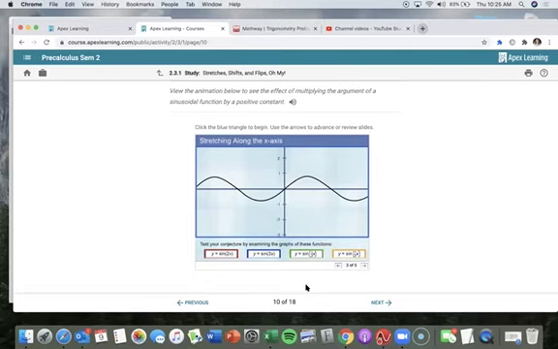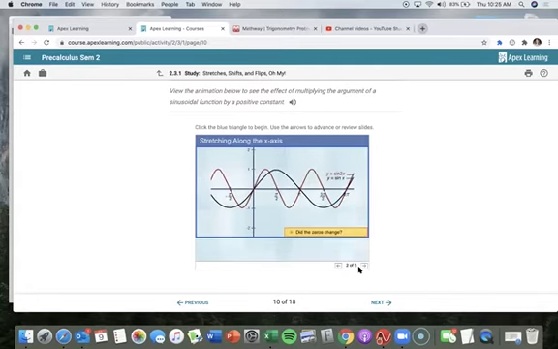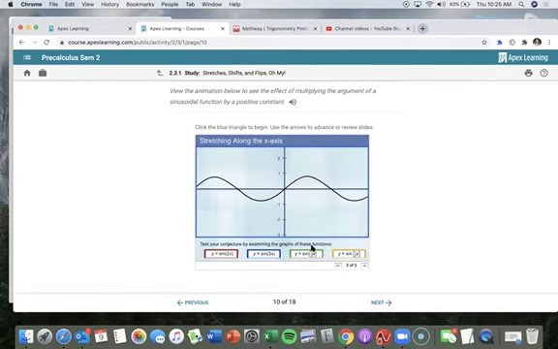If we're looking at 2x or 3x, we're talking about making our graphs go much faster. If we look at something like 1/2 x, we're going to stretch our graph out, effectively making that period longer. Same thing with 1/3. So that's the difference.